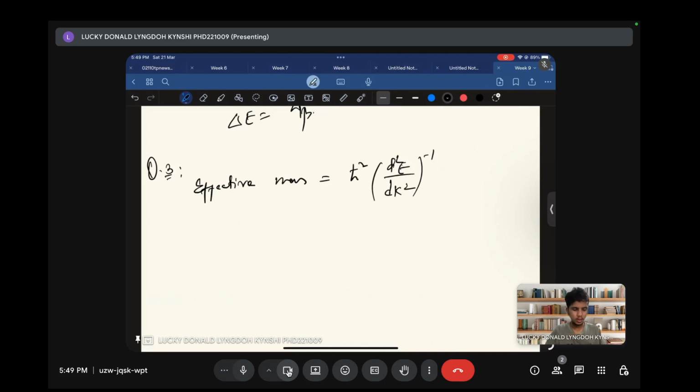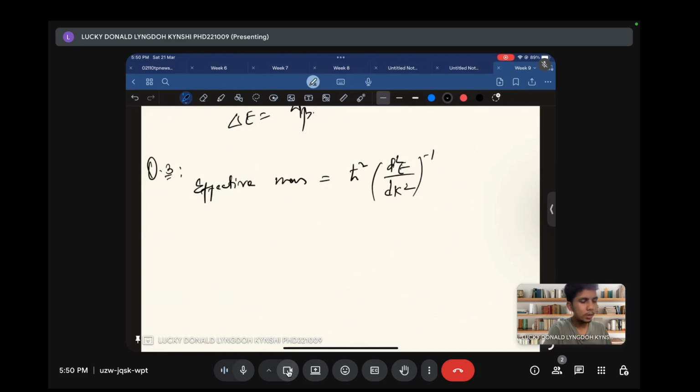Now dE by dk you already know, from when we calculated the group velocity. So you just need to put in the value of k at the top and the bottom, and from there you can get the effective mass, both at the top of the band and the bottom of the band.